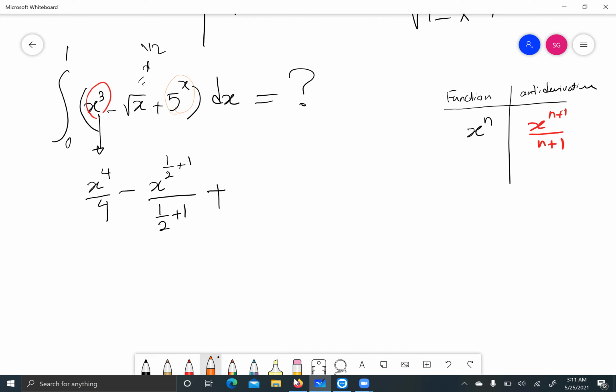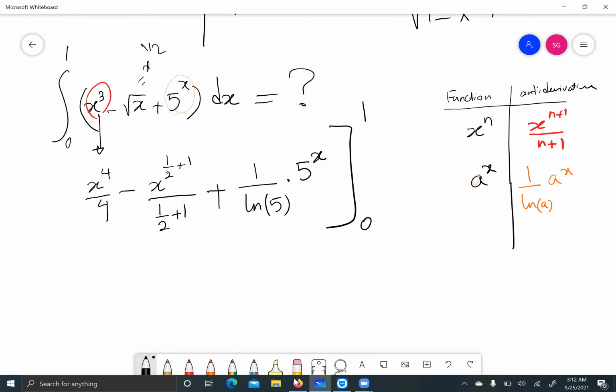This is an exponential function, a to the x, and the formula for this was a to the x divided by natural log of a. So this is going to be 1 over natural log of 5 times 5 to the x. This is the antiderivative function, and then we need to evaluate it from 0 to 1.